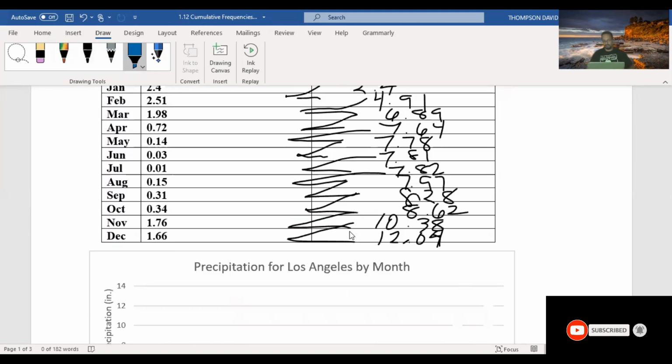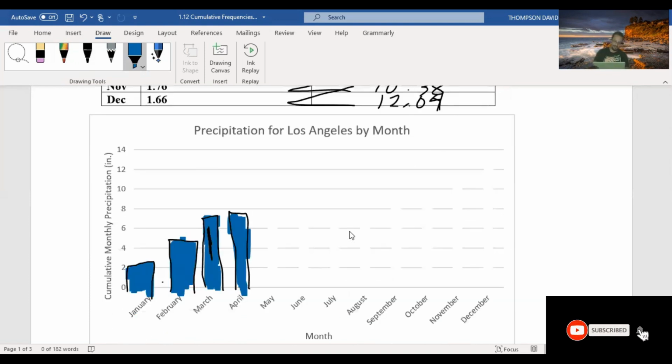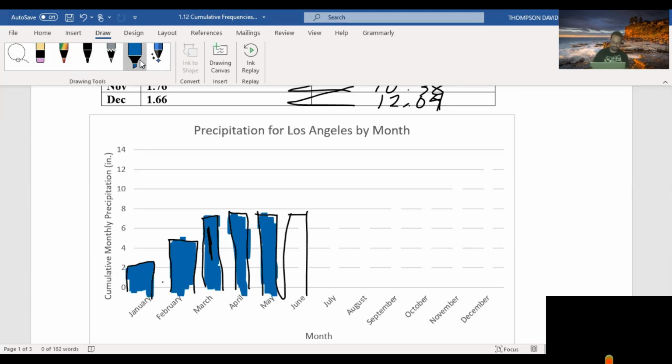May just a little bit higher, 7.78, and June 7.81. So we're just going to make the next two bars just slightly higher. Because we're approximating, they are going to look like they're almost the same, but they aren't.